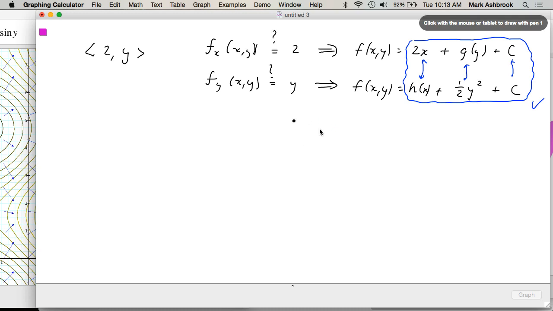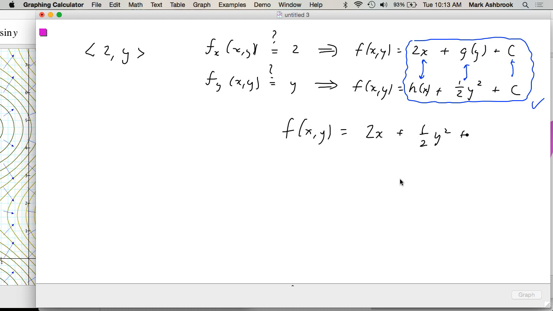We could write f as 2x plus 1/2 y squared plus c, and this would be its gradient field. How can you check it? Take both partial derivatives of that, and you should get 2 for the partial with respect to x, and y for the partial with respect to y. And you do. So we got it.